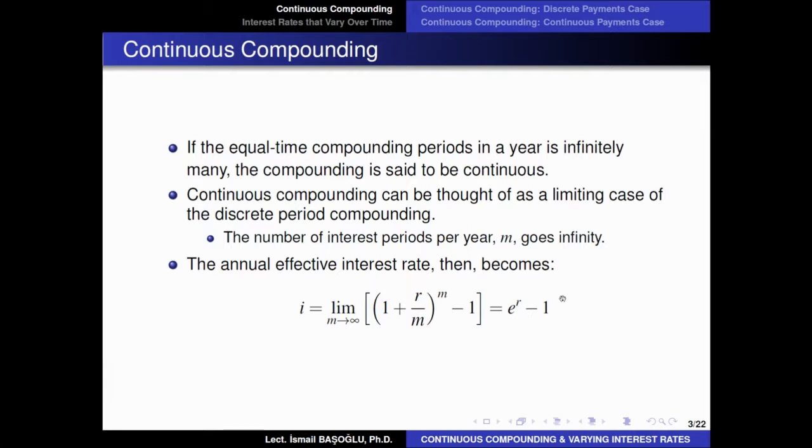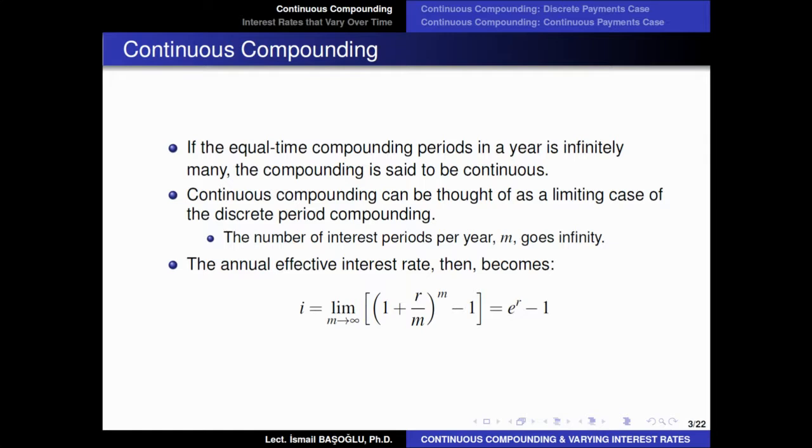Now we need to understand this difference between the annual effective interest rate and the nominal interest rate under continuous compounding. By the way, continuous compounding is a very interesting case. What you are learning in this chapter cannot be solved by any other formulation that you have learned so far. So you are just going to learn new formulations to solve questions under continuous compounding.